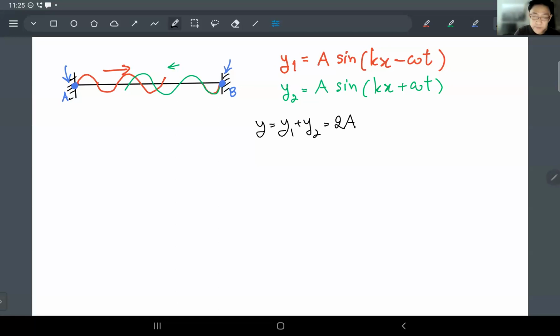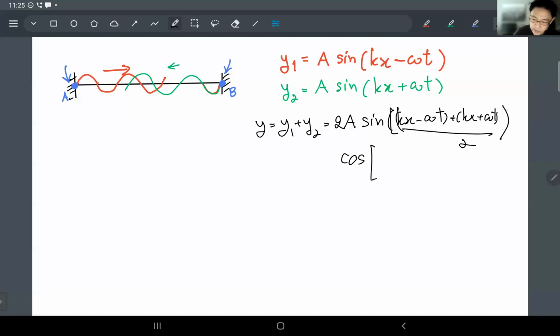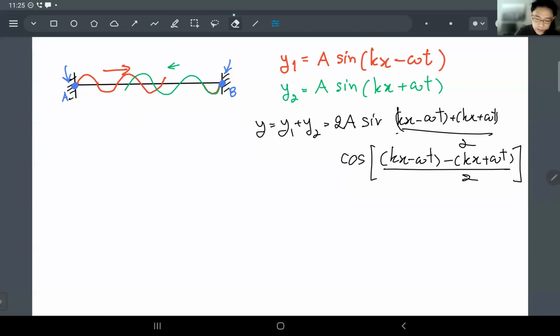So I have a factor 2 over here, and then the sum over 2, followed by the cosine of the difference over 2. I should put this in brackets. It looks nicer. For clarity, I'm just going to write down everything.